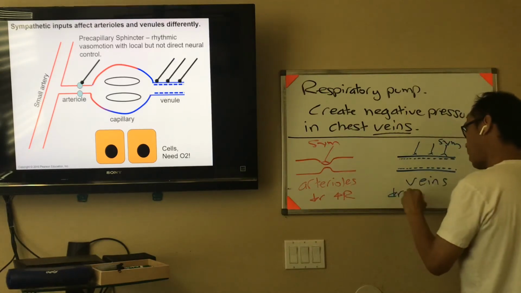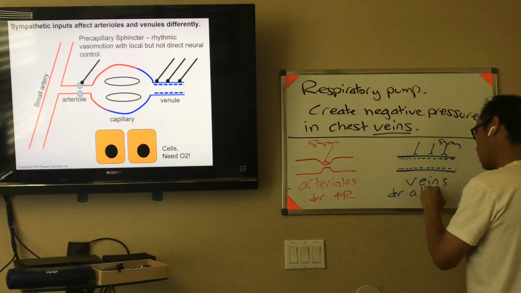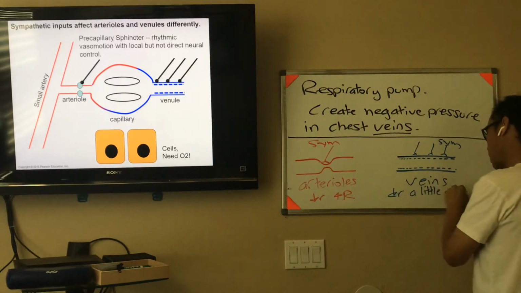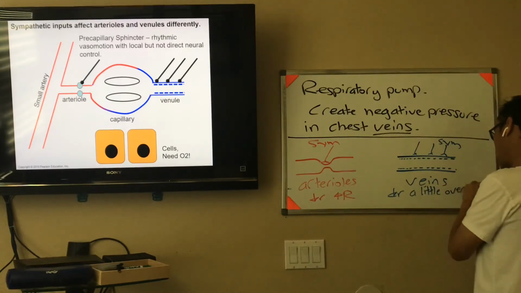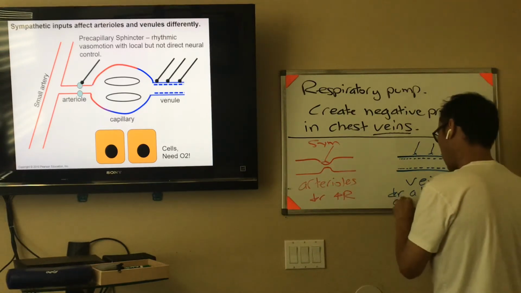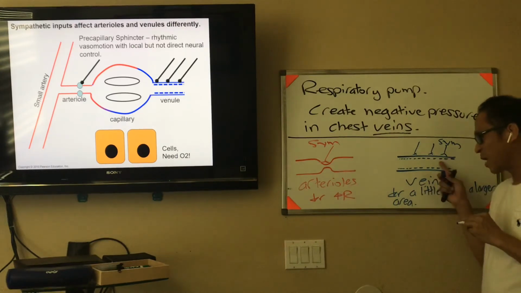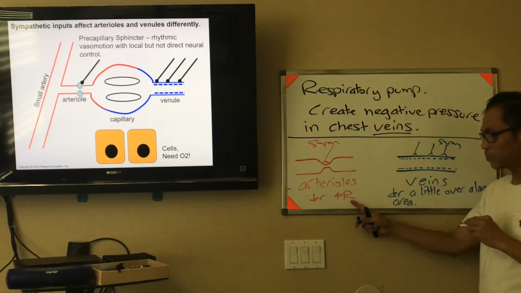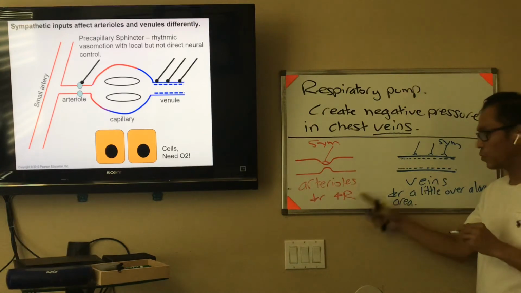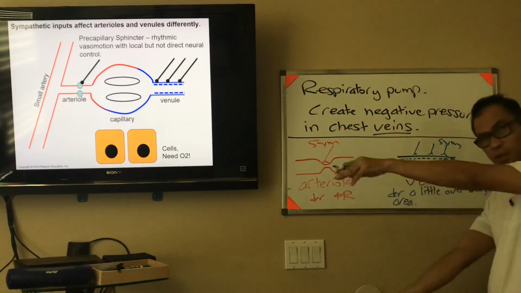Decrease R a little over a larger area. The interesting thing is, when you do it this way, you don't really increase the resistance to blood flow. What you're doing is you're decreasing the size of the whole container.